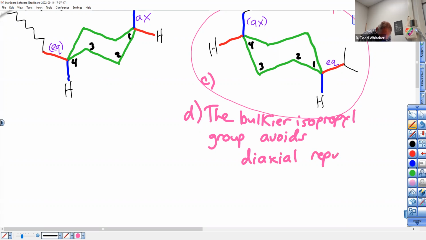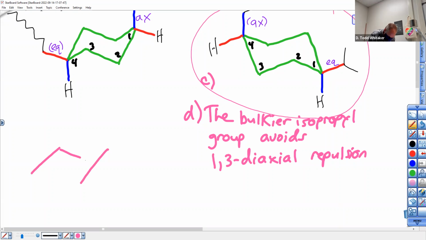You have to tell me, when is diaxial repulsion a negative thing? Not when the groups are on adjacent carbons. It's not when the groups are on carbons 1 and 4. There's no negative interaction if it's 1, 4.